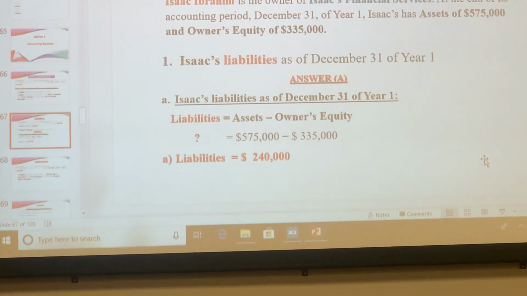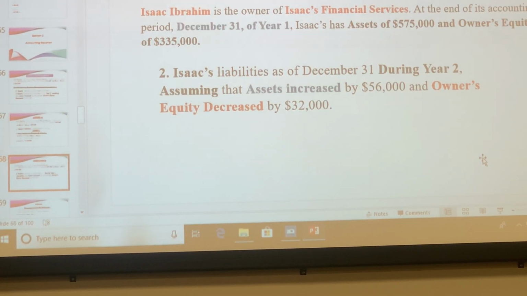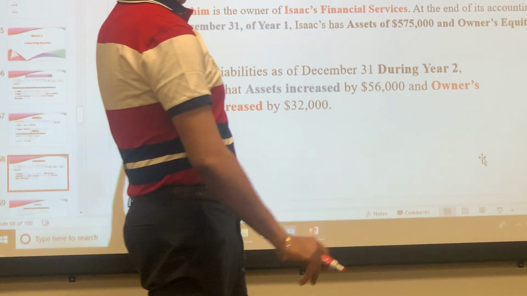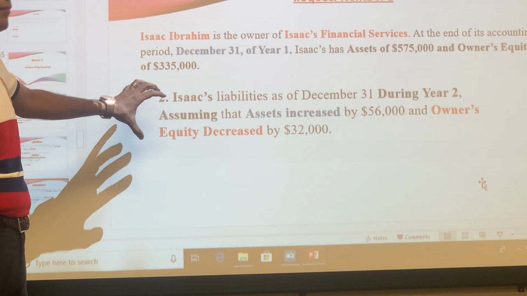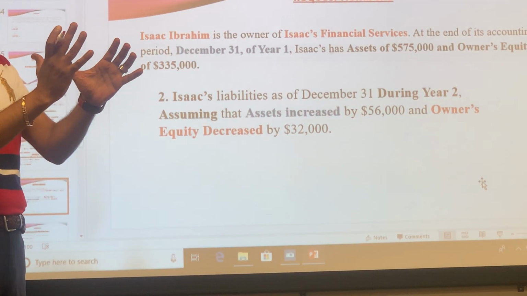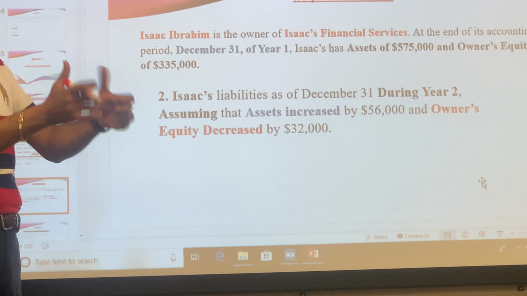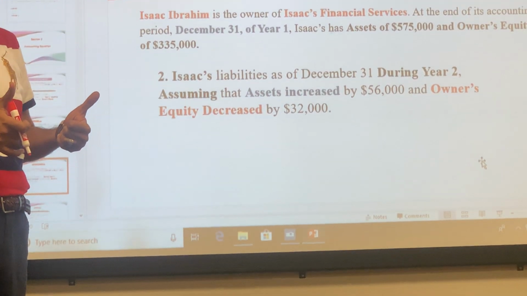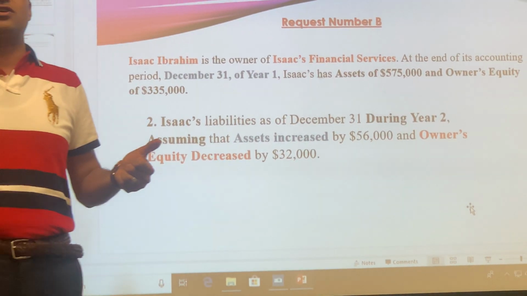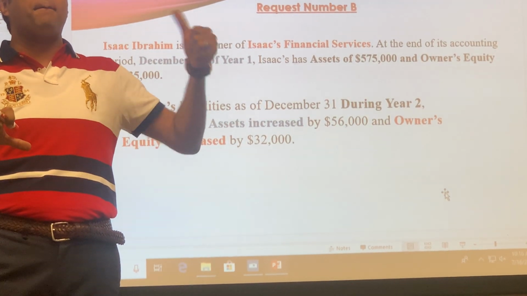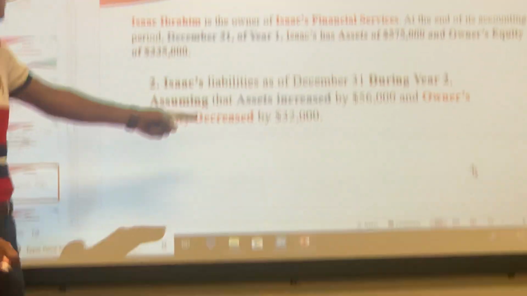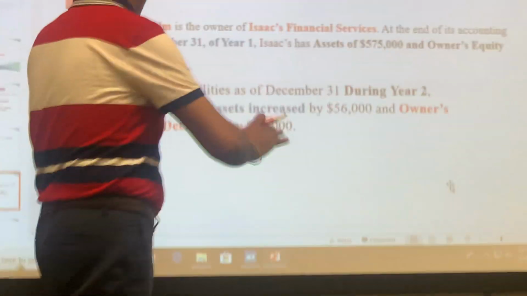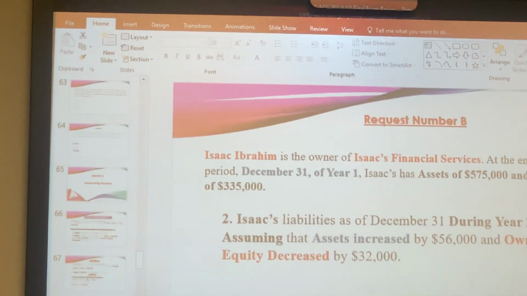Before answering, you have to determine the assets after increasing by $56,000 and the owner equity after decreasing by $32,000. So it's just math.